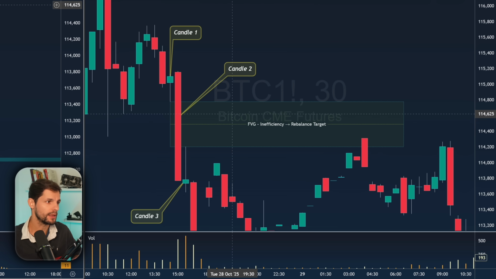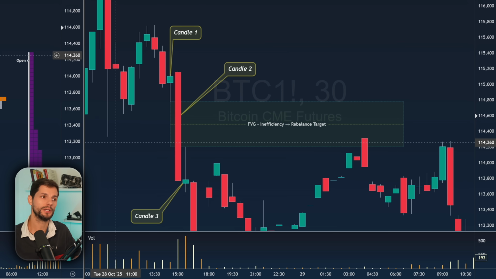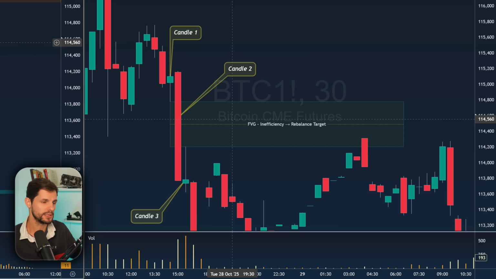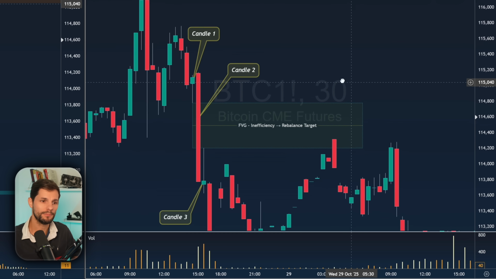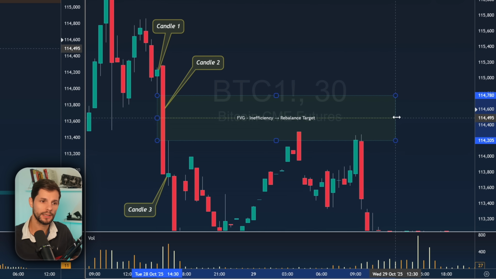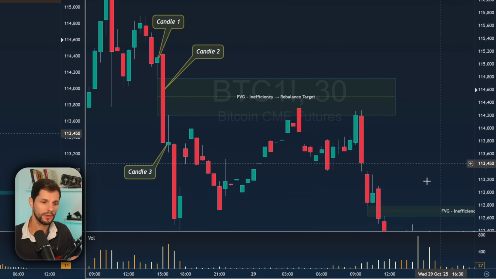Well, because the single print was made during the previous regular trading hours. Therefore, we should wait for the next regular trading hours to then trade that same inefficiency. So in TPO, it will be the single print, and in smart money concepts, it will be the fair value gap. So we want to keep extending this forward until we actually get to the correct time.